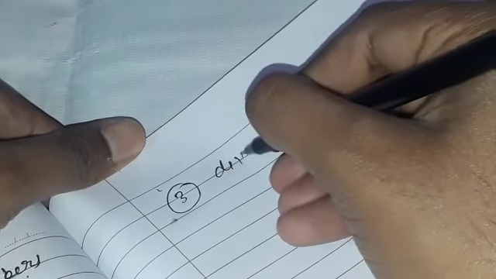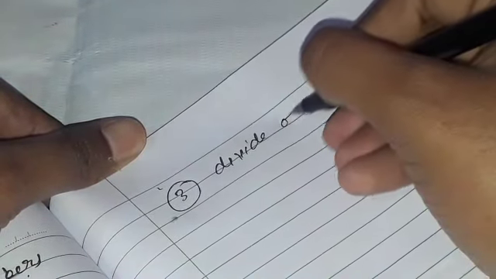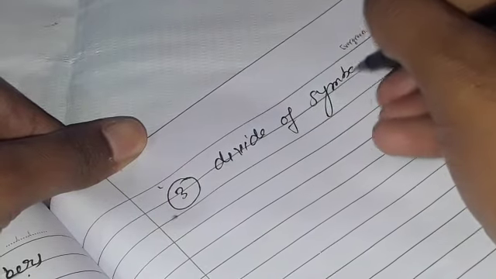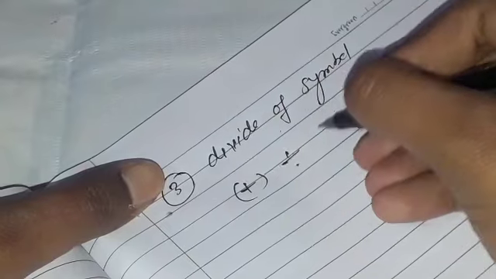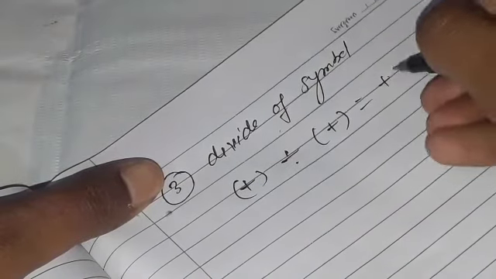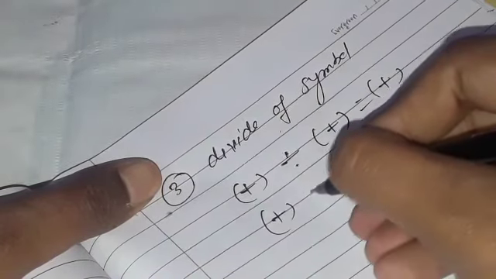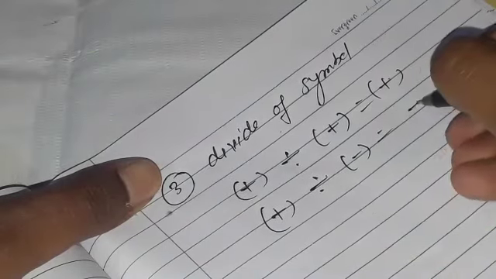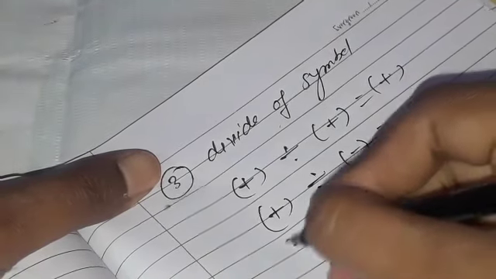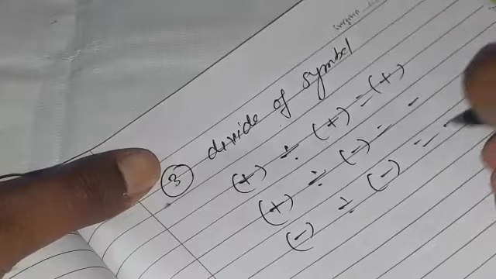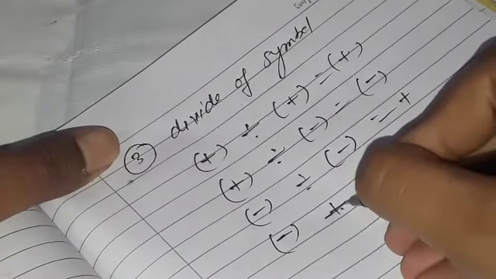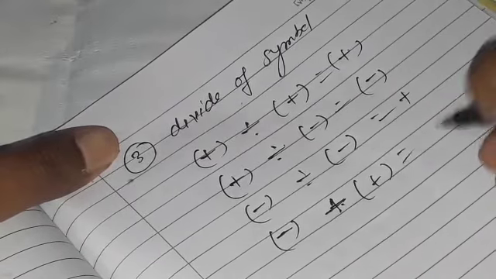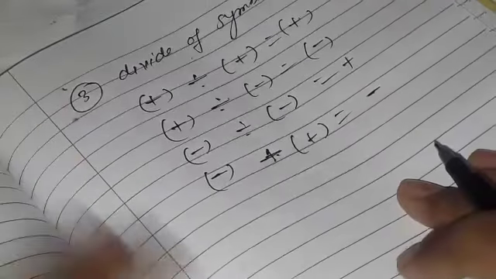Third is division of symbols. It is also very important. It means plus divided by plus, plus; plus divided by minus, minus; minus divided by minus, plus; and minus divided by plus, that is equal to minus.